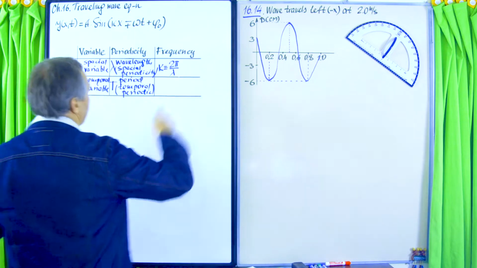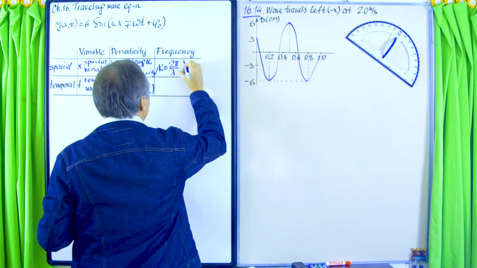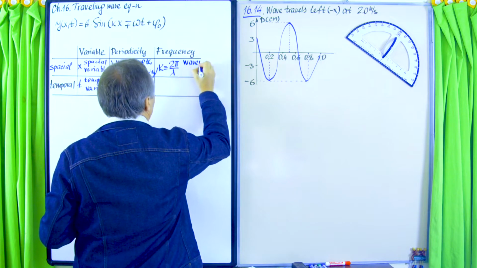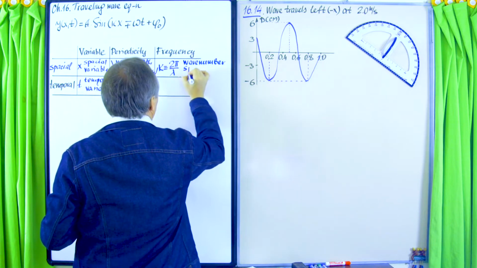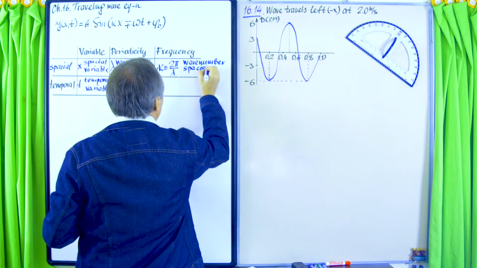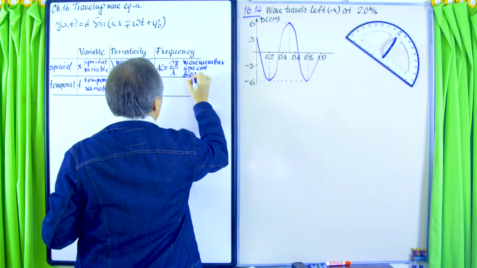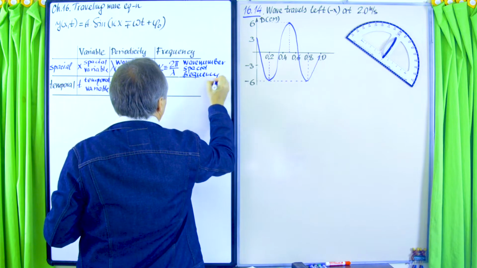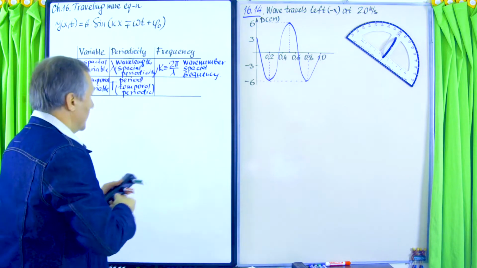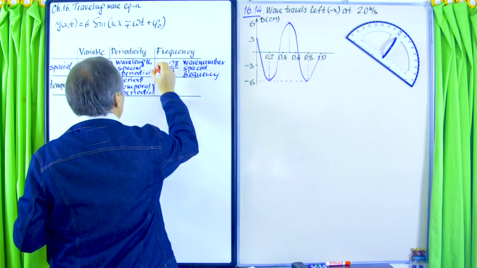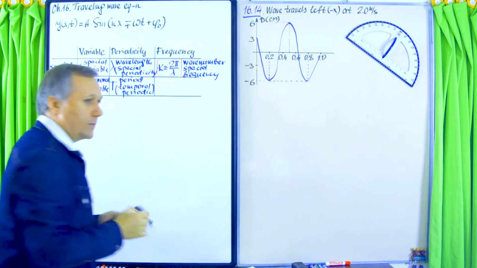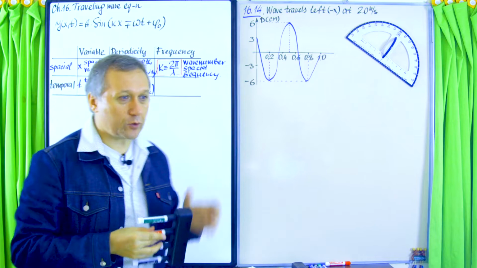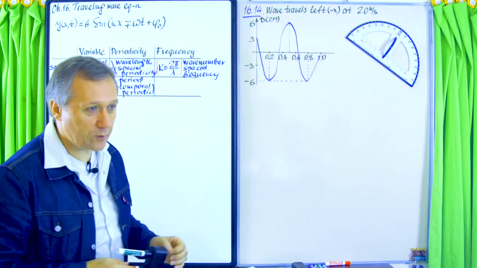Okay, so let me write. The name is wave number, meaning spatial frequency. You know what? Let me frame this because for most of you, you see this wave number for the first time. So we introduce it as 2 pi divided by the wavelength.